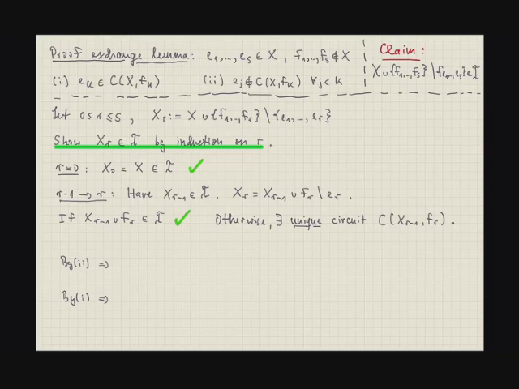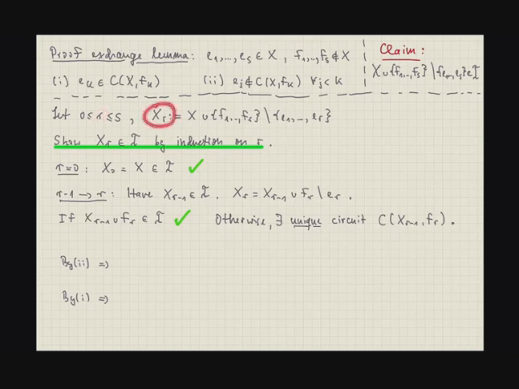So one final time, what is the lemma? We have these elements E1 up to Es in X, and we have F1 up to Fs not in X, fulfilling our two conditions, number 1 and number 2. And the claim is that removal of all the E's and addition of all the F's creates an independent set again. Now I make one definition for each index r between 0 and s.